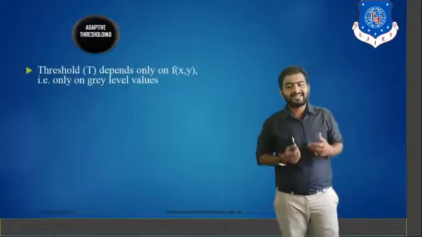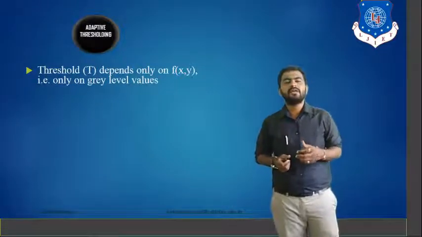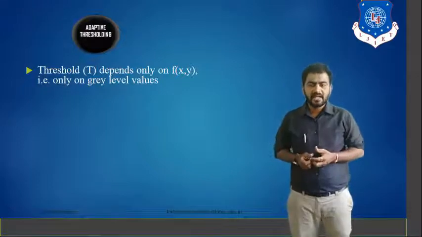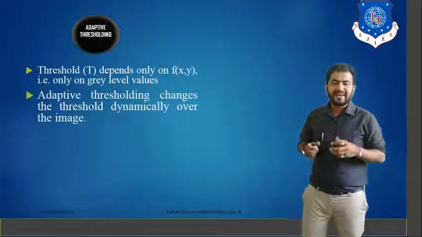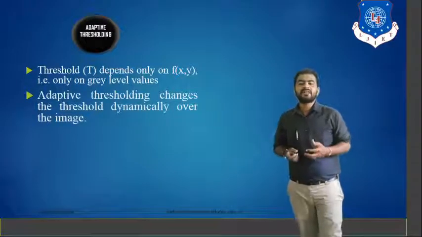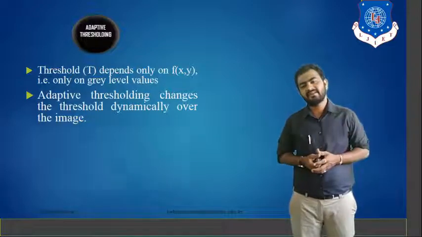Now next we're talking about adaptive thresholding. In adaptive thresholding, the threshold T depends only on f of x comma y. It means only on gray level value. So adaptive thresholding changes the threshold dynamically over the image value or over the image intensity value.